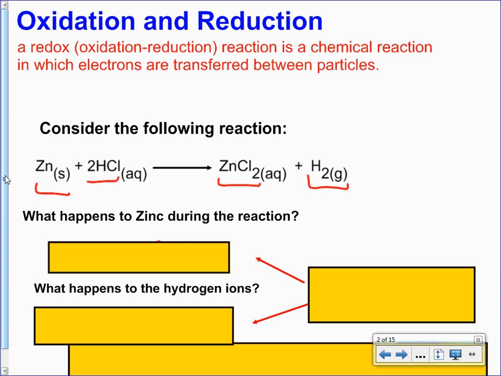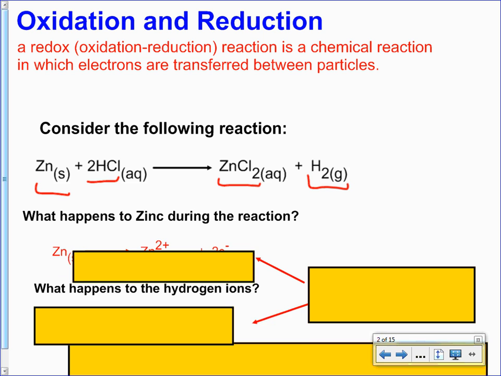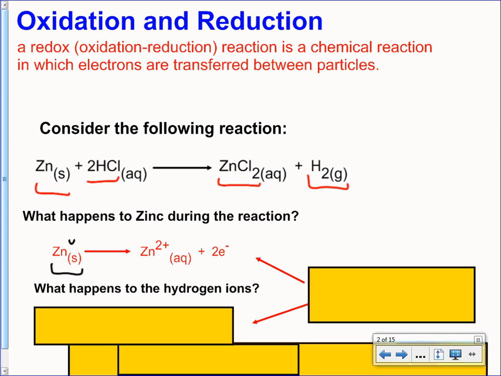So if we have a look at what specifically happens to zinc during the reaction, zinc starts off as a solid, and it starts off as a neutral atom, meaning it has a charge of 0. As the reaction proceeds, zinc loses 2 electrons and gains a charge of +2.